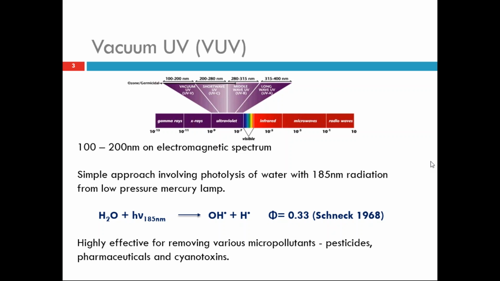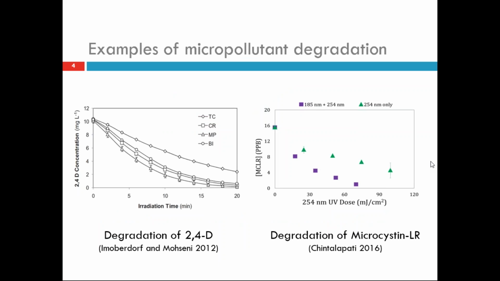Now, vacuum UV for degradation of micropollutants has been extensively studied by research groups with many model pollutants, including pesticides, pharmaceuticals, and cyanotoxins. In this slide, we see two such examples.